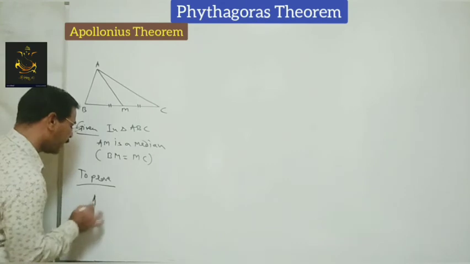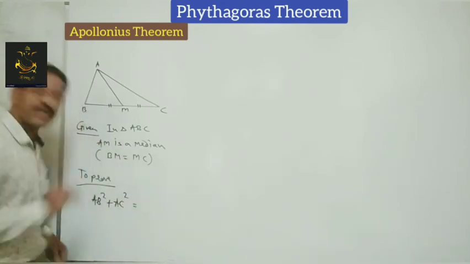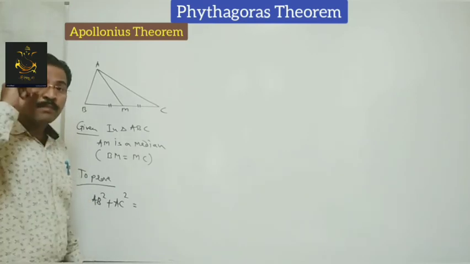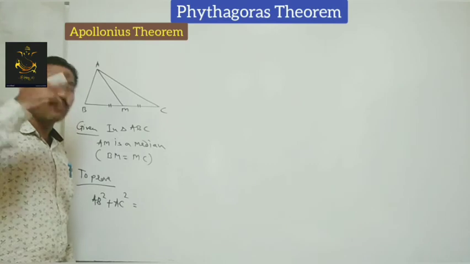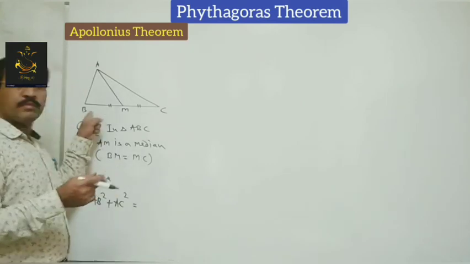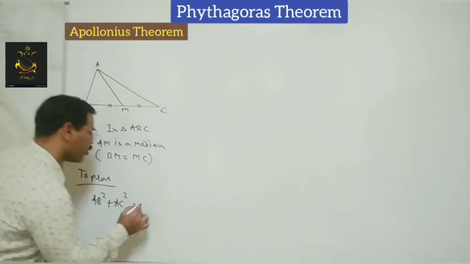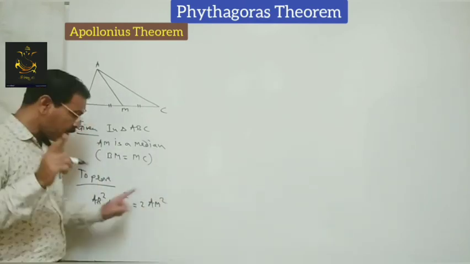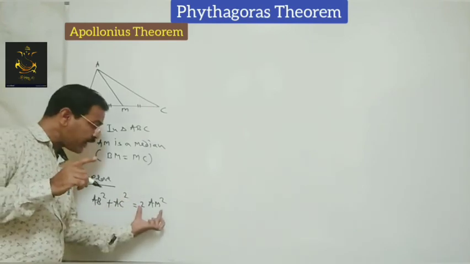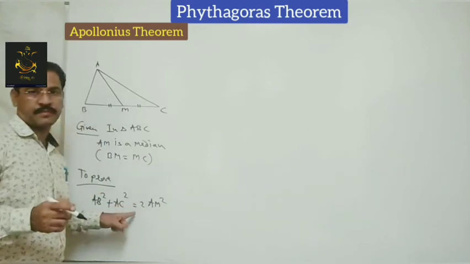Means AB square plus AC square is equal to twice the square of the median, means twice of AM square. Now remember, it is twice of AM square, not just AM square.